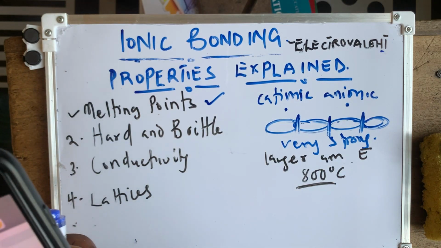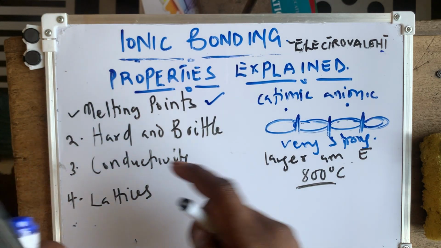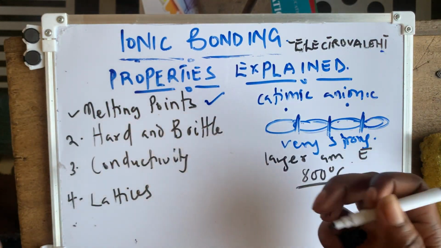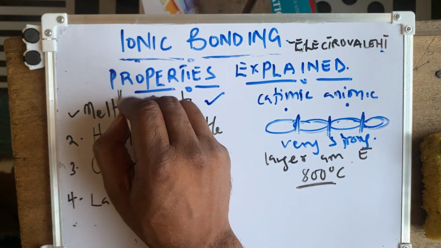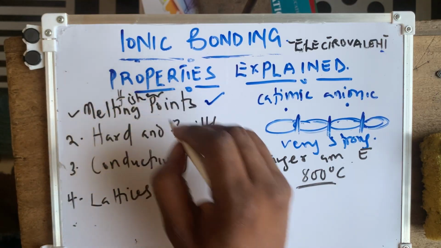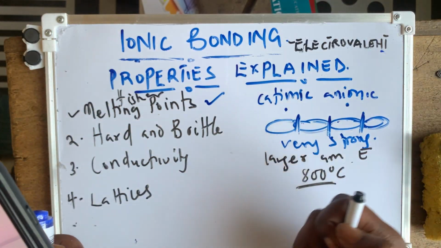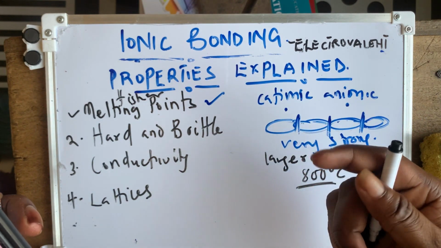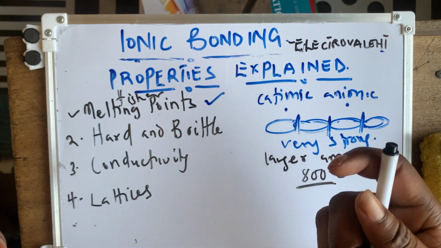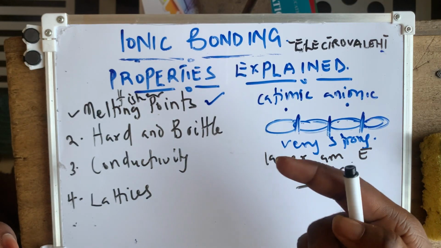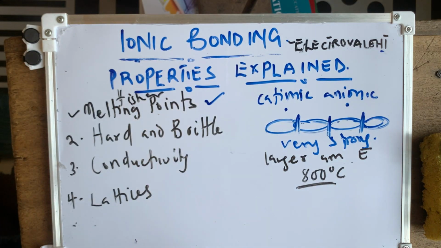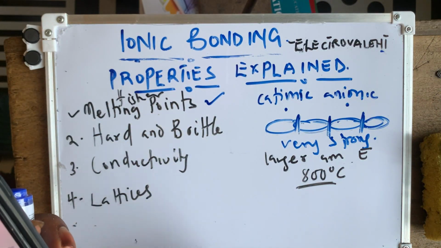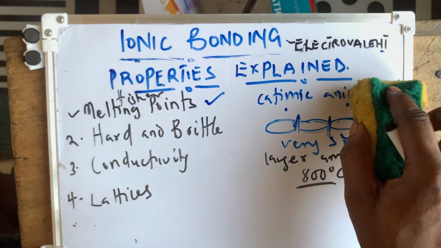So in short, we say ionic compounds have higher melting points. And this is the explanation: because of the ionic crystals, it takes a lot of energy to break the ionic bonds in the crystal. So they have higher melting point and higher boiling point. All right.